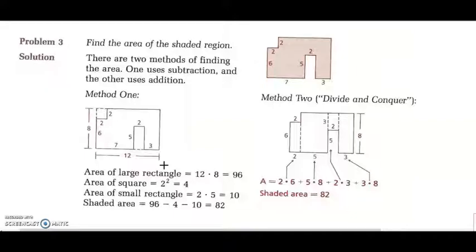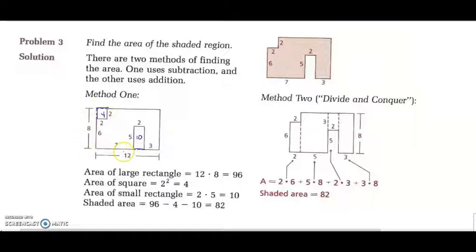There are 2 ways you could figure out the area of the shaded region, as shown here. You could actually add on parts where this area is 4 and this area is 10, and then take the area of the whole big figure, which is 96, subtract off the 14, and you'd get the 82.